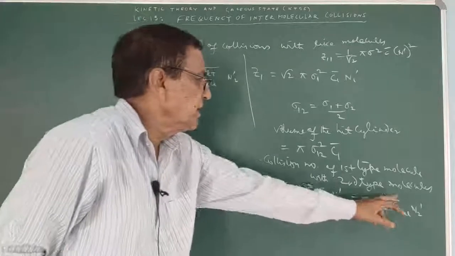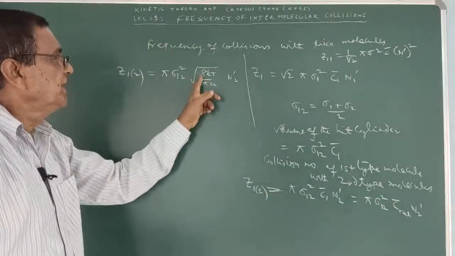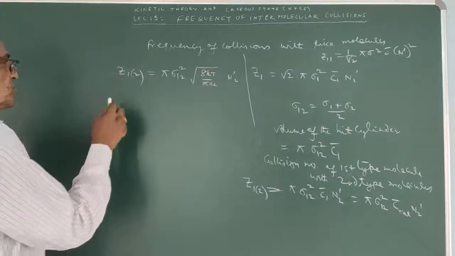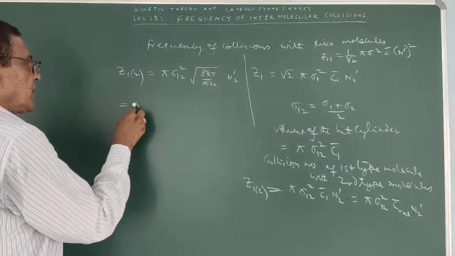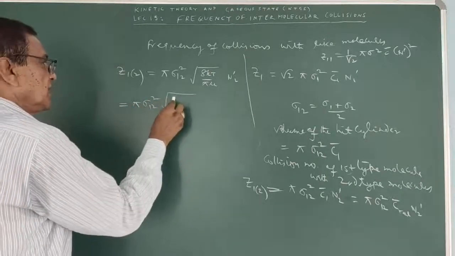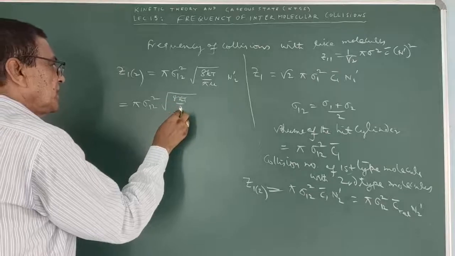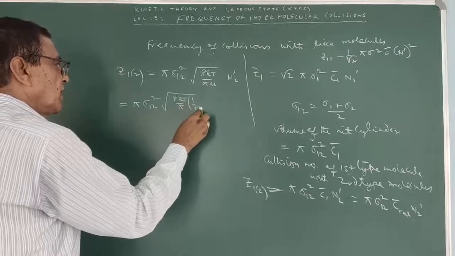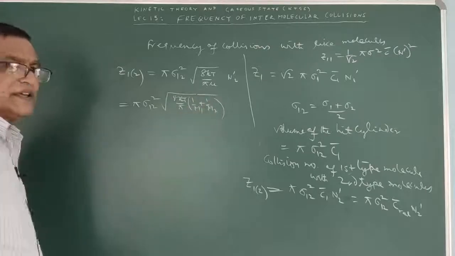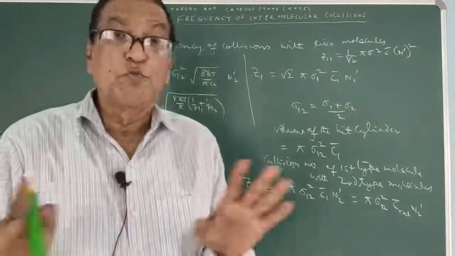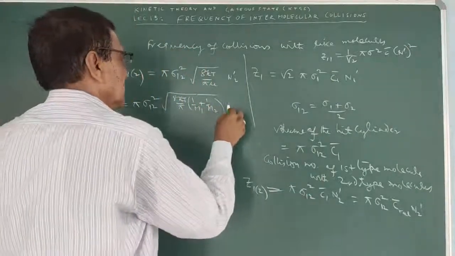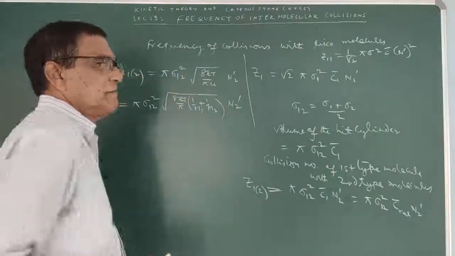The relative mean speed is replaced by root over 8kT by pi mu. However, we can also write this as pi sigma 12 square into root over 8RT by pi times (1 by m1 plus 1 by m2). This way also we can write, where m1 and m2 are the molar masses of the first type and second type molecules.